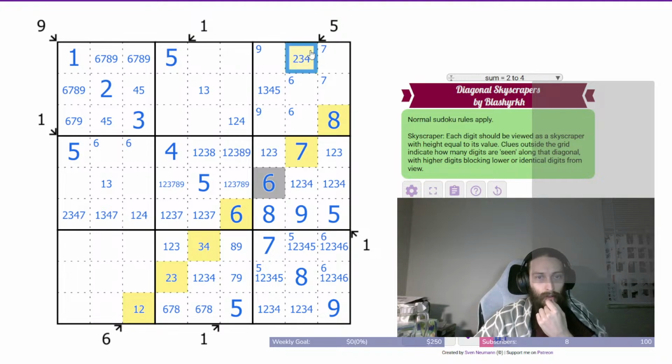But if this is a 3, then only one of these two can be seen. And then I couldn't put a 9 here and an 8 there.